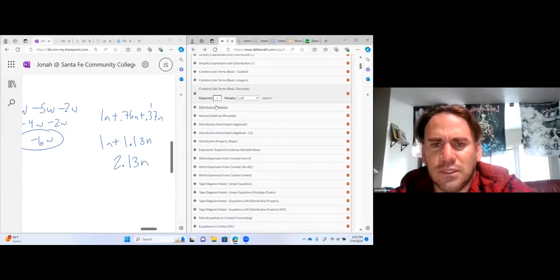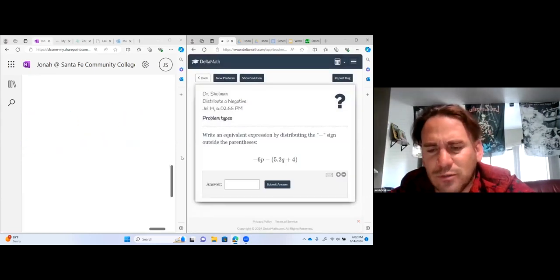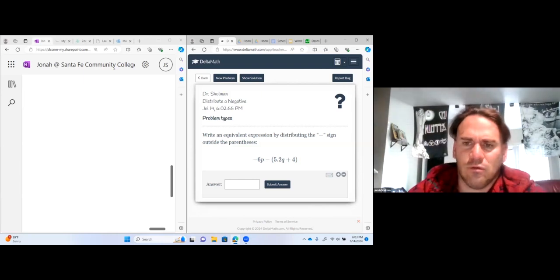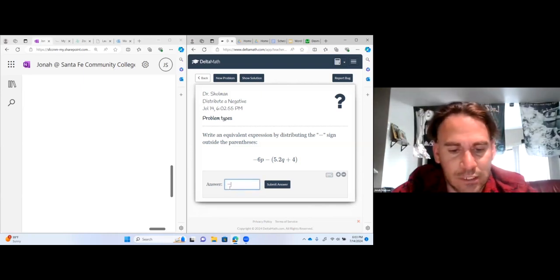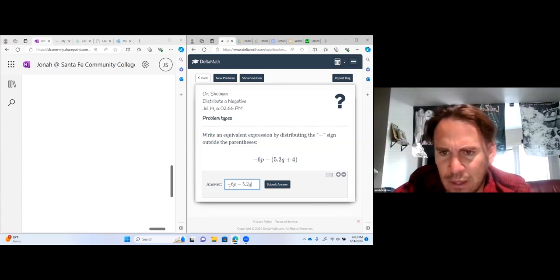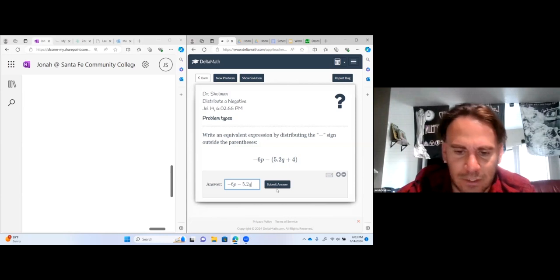All right, let's distribute the negative. For this one, we just have to distribute the minus sign. Oh, they just want us to write an equivalent expression, so they don't want us to simplify this. So it's just negative 6p minus, I would simplify this, but because these are different letters, that's why. And then this minus here has to go to this, so it's a minus 4.